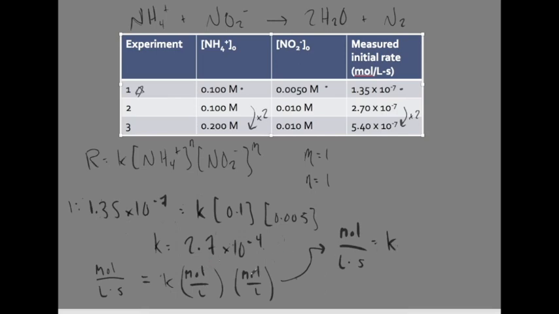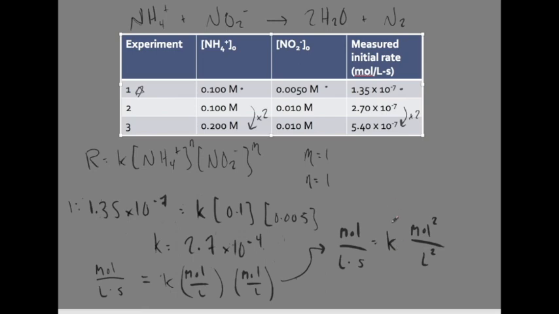And I know that I'm going to have moles times moles, that's moles squared, over liters times liters, that's liters squared. So look, K has to have units such that when I multiply it by this, I get this left over. So you can see that once I multiply by K, I need just 1 mole on the top and 1 liter on the bottom. Right now I have 2 moles on top, mole squared. I have 2 liters on the bottom, liters squared.